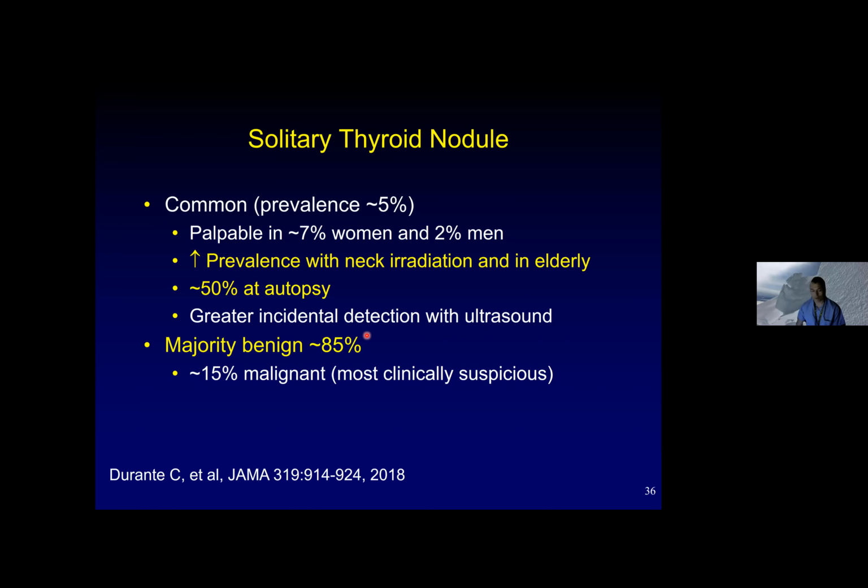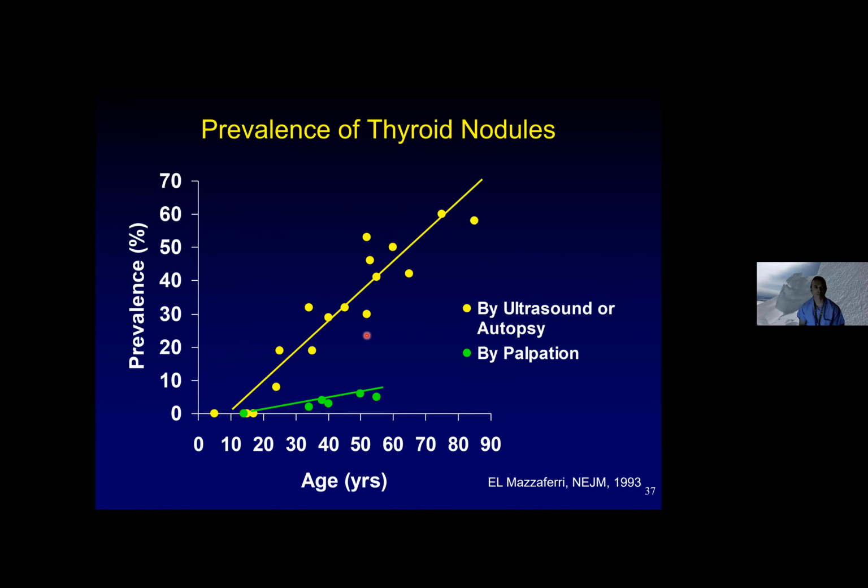And so evaluation is warranted. This graph is alluding to what I just mentioned, that you definitely will palpate more nodules as our patients' age increases, but that increase is far greater if you rely on ultrasound.